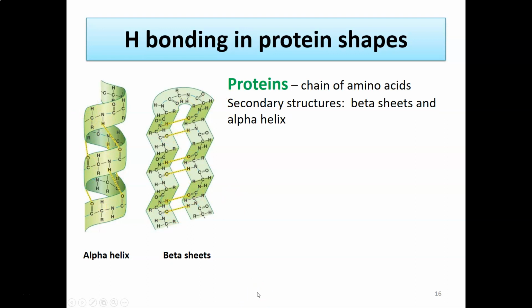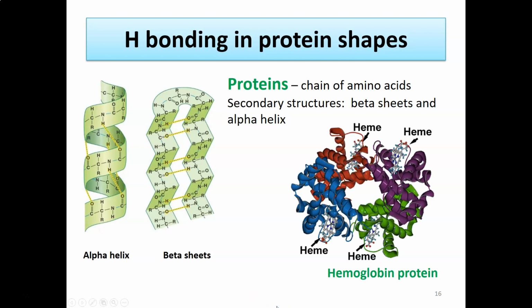Remember, there's primary structure, secondary structure, tertiary, quaternary, where these complex molecules start bending and folding around, and hydrogen bonds start causing them to kind of crumple up into these shapes, and that's how we get complex things like our hemoglobin.